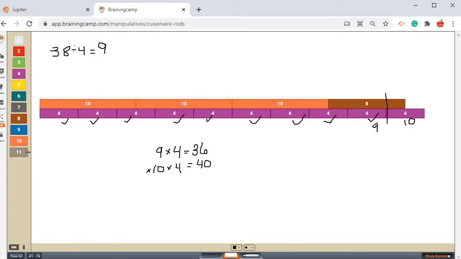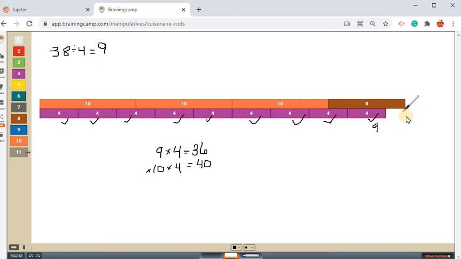But I can see that I have some left over. So let me remove this extra 4. This is the 10th 4. I don't need it. And I'm going to erase this to help me, and I don't really need that line anymore. So this is my target. The target is 38, and I've reached 36 by counting by 4s.